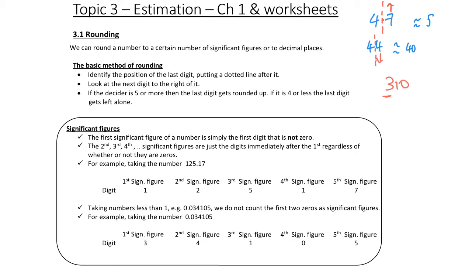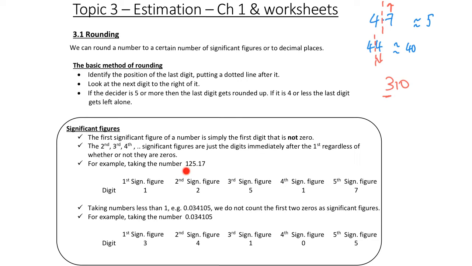The second, third, and fourth significant figures are just the digits immediately after that, regardless of whether they are numbers or zeros. So in 310, that's the first significant figure, the 1 is the second, and the 0 is the third. In 44, the first is the 4, and the second is also 4. And in 4.7, the second significant figure was a 7.